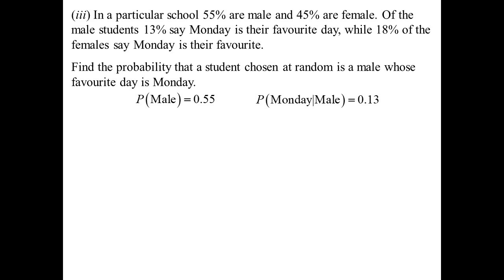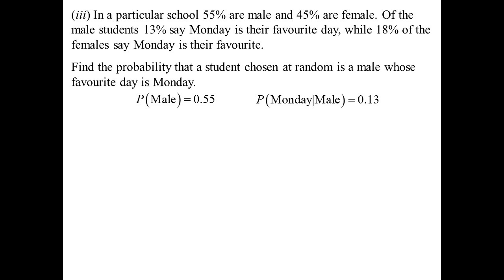Well, we know the probability of male is 0.55, 55%. We know that to be true. So we're now saying the probability of a Monday, given that it's male. Well, we know that. That's the 13%. We're saying of the male students, 13% is Monday. So the probability of them liking Monday, if we know they're male, would be 0.13. So these are the two probabilities that I know.